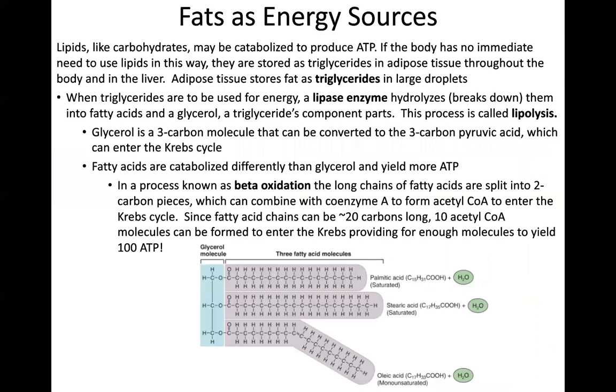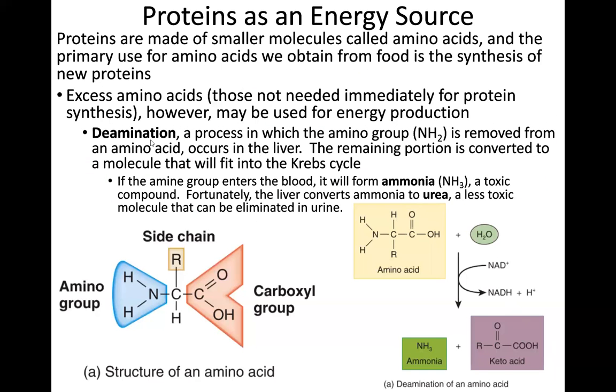Okay. But a side effect of performing this deamination is if that amino group enters the blood, it forms into ammonia, which is NH3, which is very toxic to your body. Okay. Fortunately, though, our liver is going to convert that ammonia to urea, which is much less toxic and is eliminated in our urine.